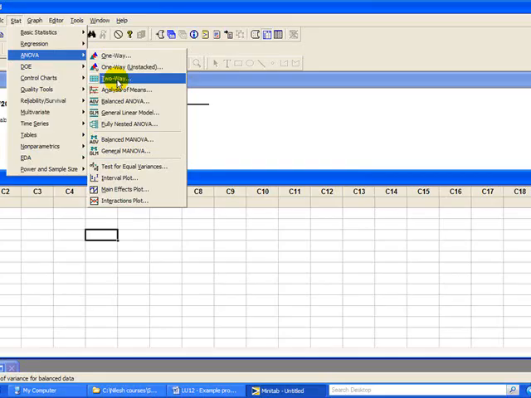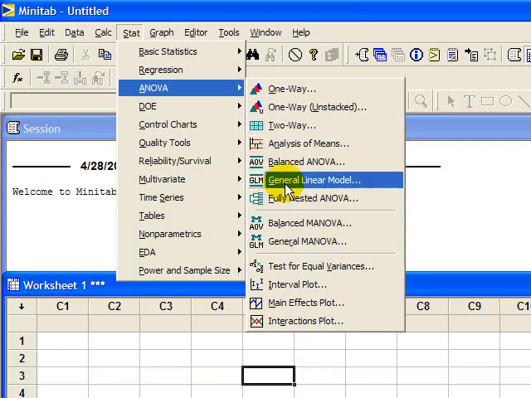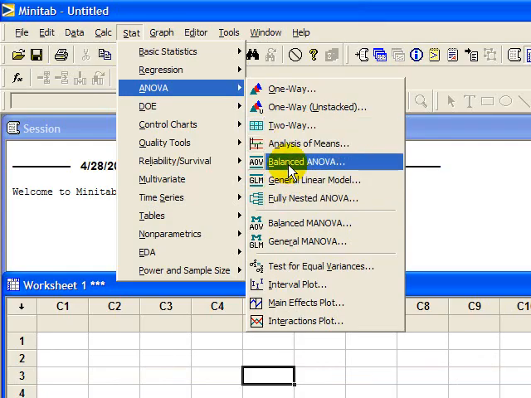To avoid any variations, we use blocks, right? And then we also used the balanced ANOVA option, where there was more than one factor, and we wanted to study the effects of factors and the interaction among the factors on the response variable, right? So we studied all that.